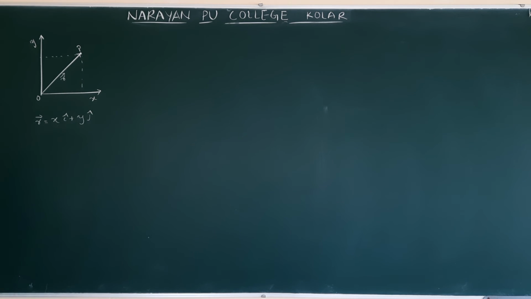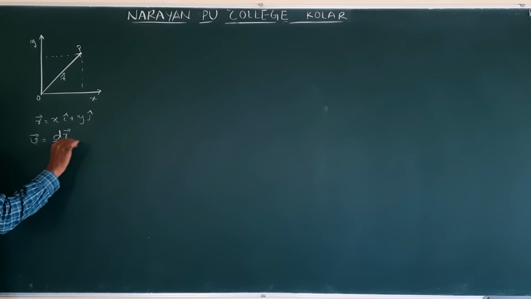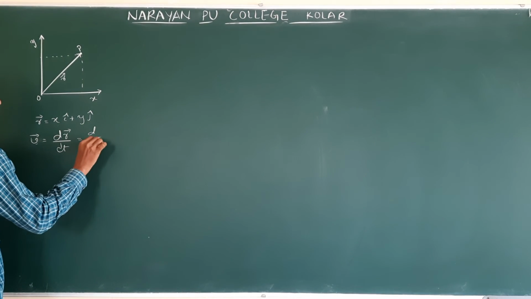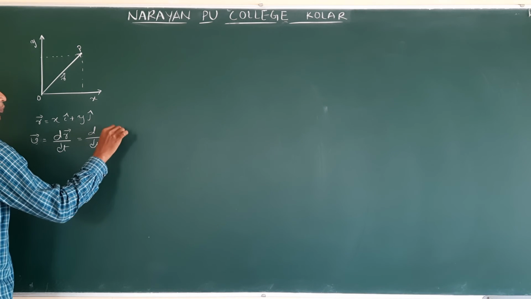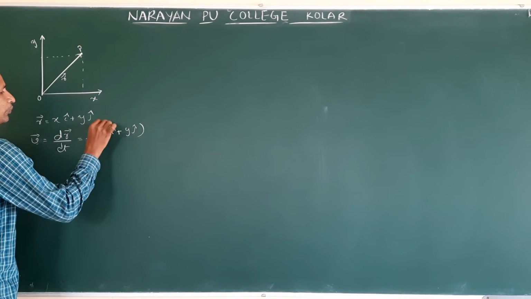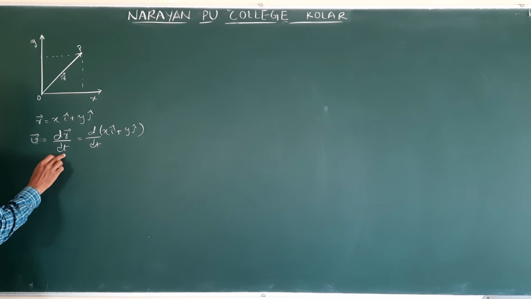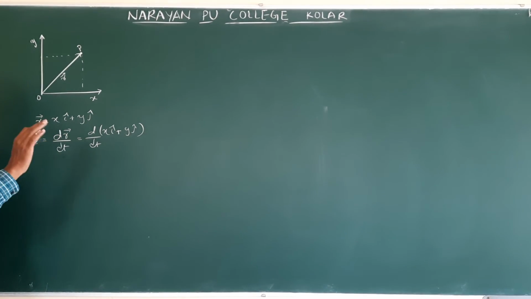Next, velocity, instantaneous velocity vector. Already we have seen, this is v is equal to, how did we write, dr by dt. This is equal to d by dt of x i cap plus y j cap. Don't worry about why they are writing dr by dt.